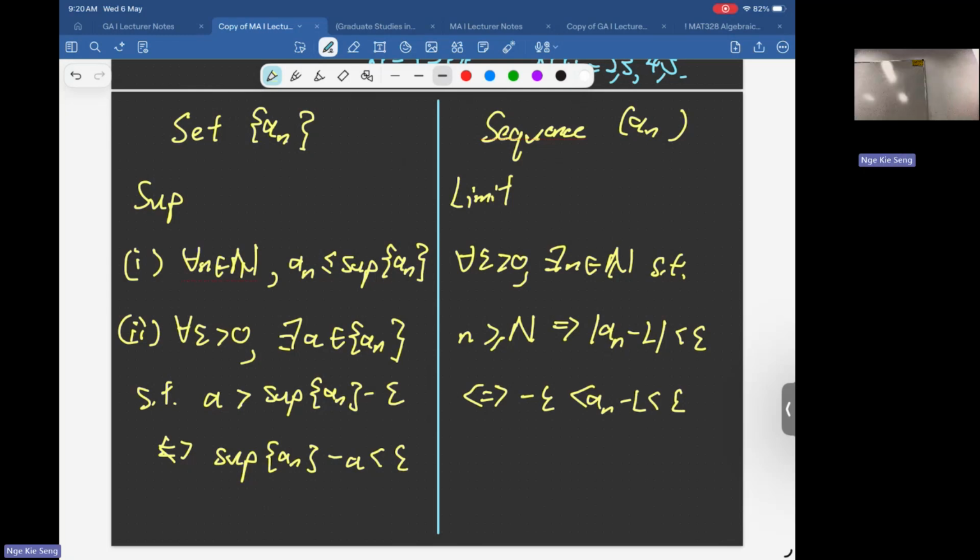Okay, so let's see what the similarity is here. We have both of these, there's something bounded. And then the term is an element in the set of a_n or the sequence. Right?